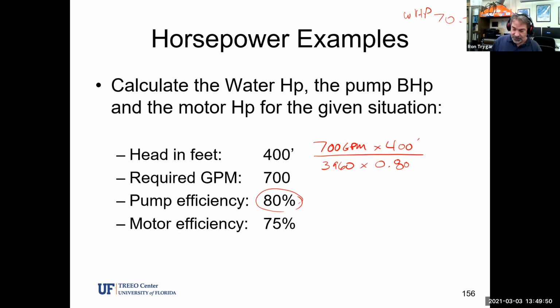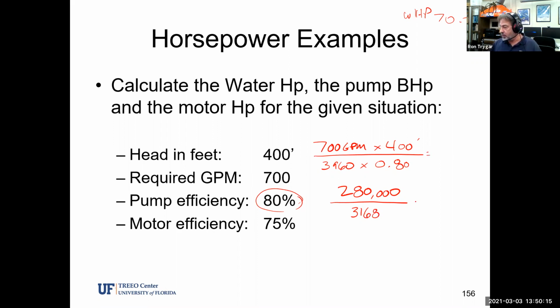The 700 times 400 was again 280,000. And then we're going to divide that by 3960 times 0.8. So my new denominator is 3168.